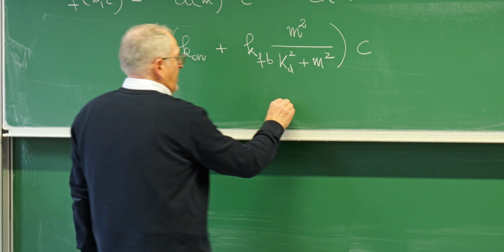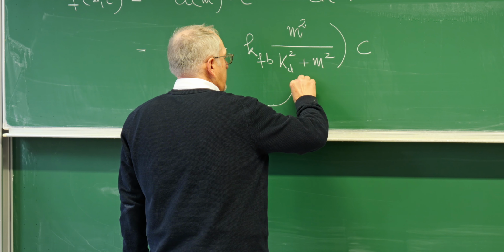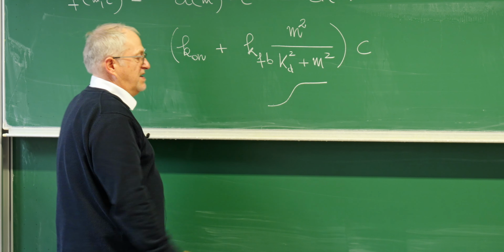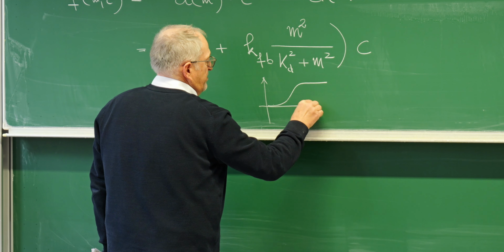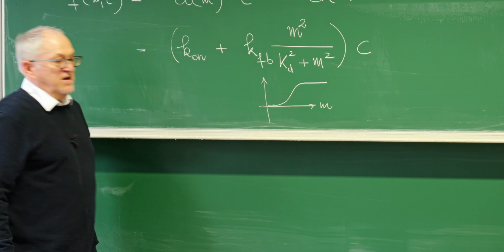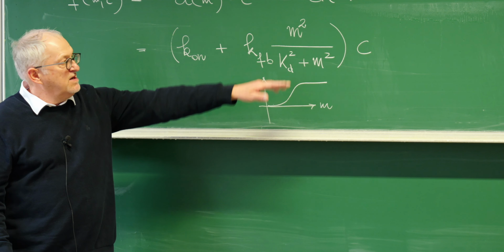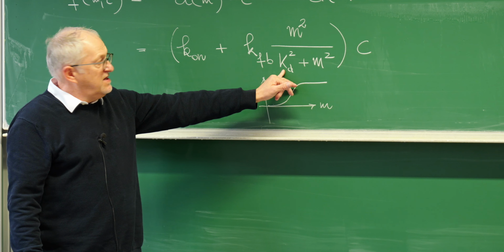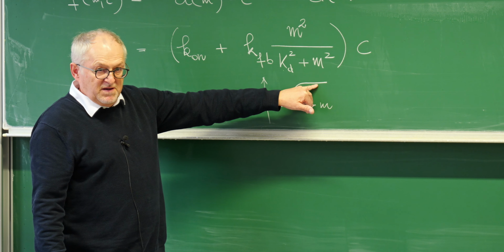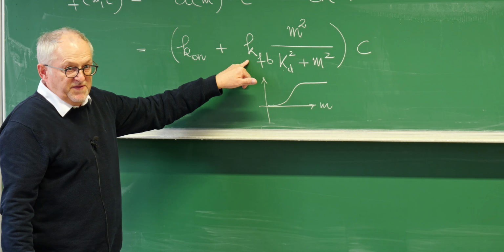That means you have something that starts quadratically and then saturates. That's the kind of function you describe by such a feedback mechanism. It's increasing and then saturating. The value where it starts to saturate is fixed by the KD value, and the amplitude of the effect is set by the feedback rate.